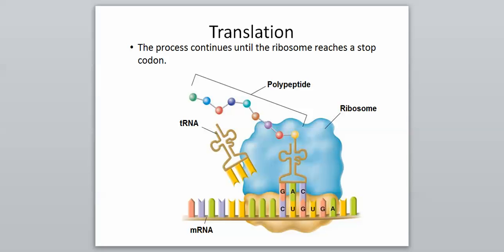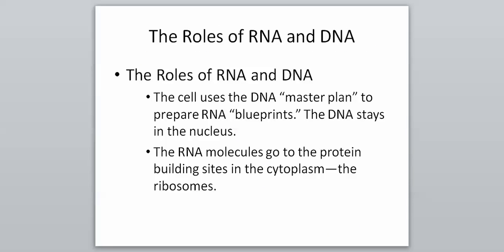Our last slides for this section are some roles of RNA and DNA, which will be a little bit of review. The cell uses the DNA master plan to prepare RNA blueprints. The DNA is kind of the brain, and it makes blueprints in the form of RNA, because our DNA stays in the nucleus.